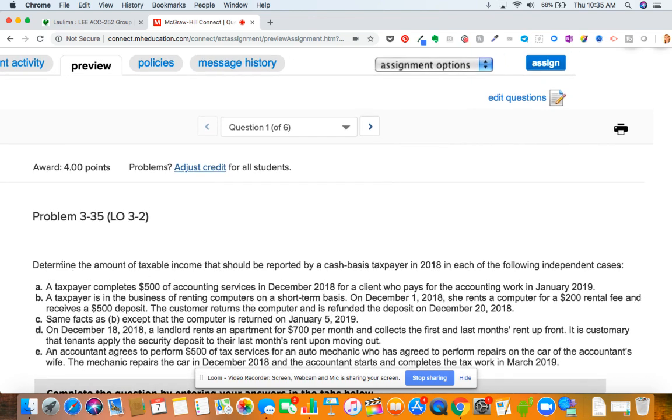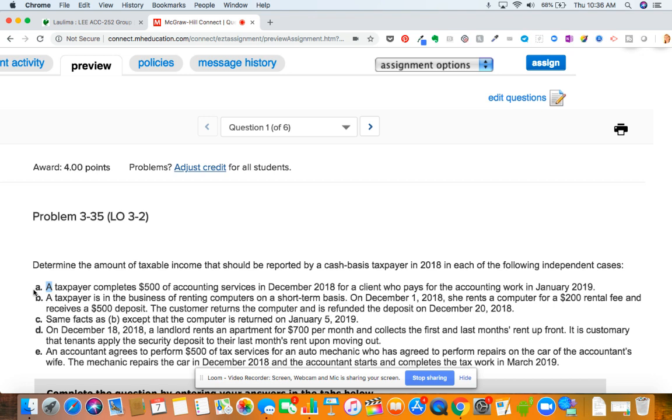All right, so determine the amount of taxable income that should be reported by a cash basis taxpayer in 2018 in each of the following independent cases. So A, a taxpayer completes $500 of accounting services in December 2018 for a client who pays for the work in January 2019.